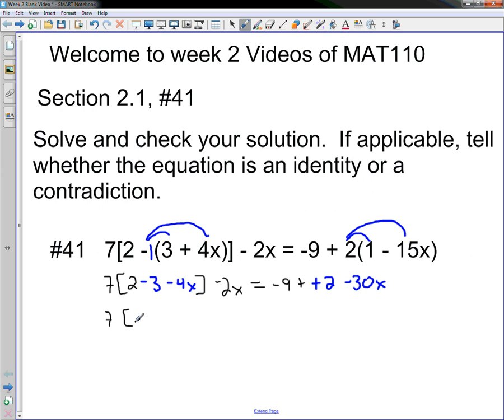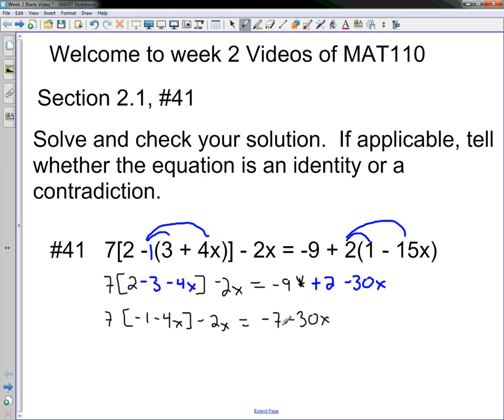So I have negative 1 minus 4x, bracket, minus 2x equals, on the right side, negative 9 plus 2. So negative 9 plus 2 is negative 7, and we still have the minus 3x.